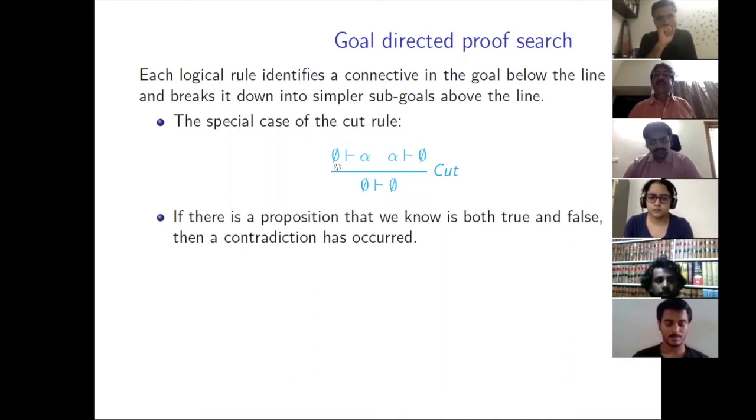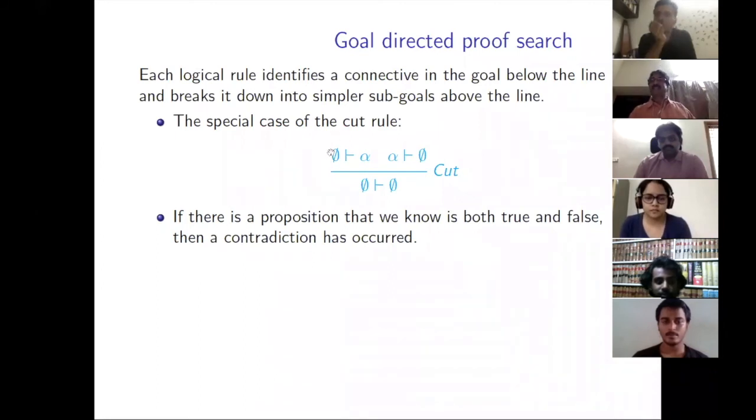So, if from the empty assumptions you have derived alpha, and from alpha you get the empty conclusion, what does that mean? The conjunction of the empty set you think of as true, and the disjunction of the empty set you think of as false. So this is: from true I get false. I mean, this is the contradiction.